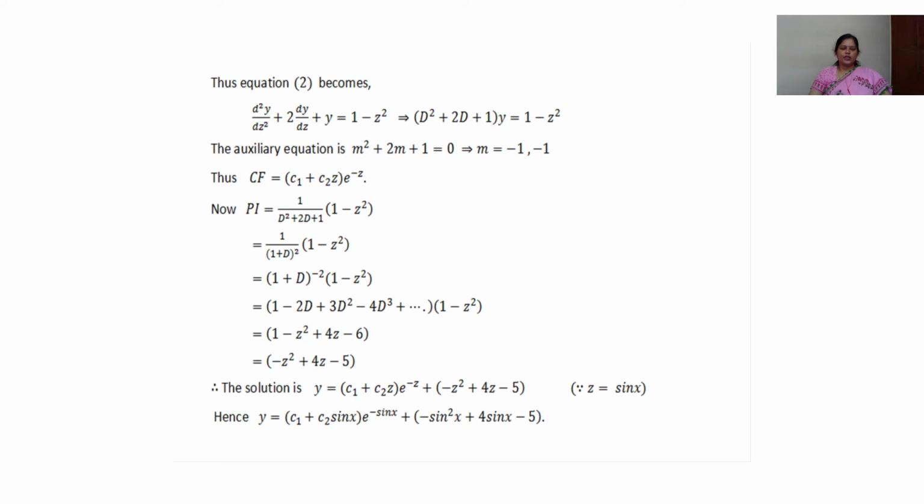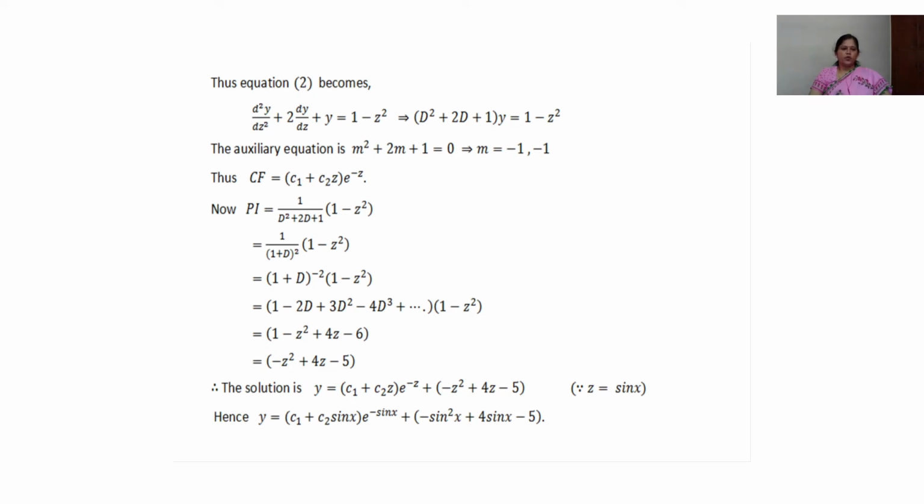That is the f of d into y is equal to f of x form, a linear equation with constant coefficients. From that the auxiliary equation is m square plus 2m plus 1 is equal to 0. With factorization we will get m is equal to minus 1 and minus 1. Both the values are real and coincident here. That's why the complementary function is equal to c1 plus c2 into z, into e to the power minus z.